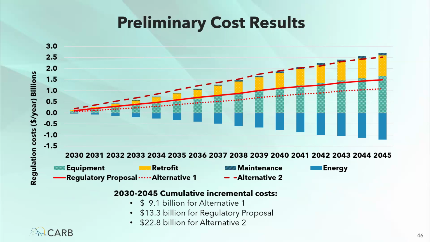So this chart shows the major components of the total cost: equipment, retrofit, maintenance, and energy, along with the total incremental cost under the main scenario shown in the solid red line. The dotted and the dashed red lines show two alternative scenarios.